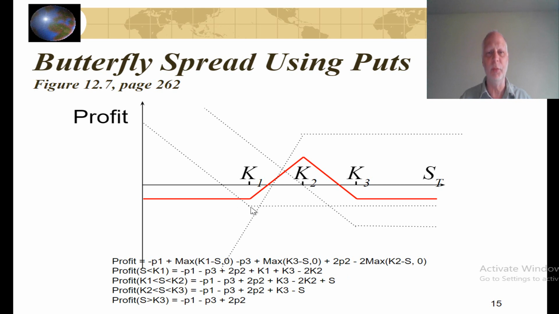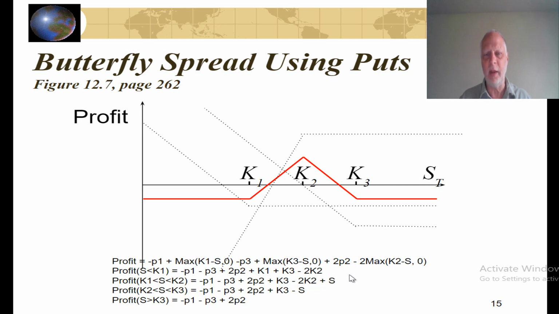Now how about the region between K1 and K2? Now 2 out of the 3 options expire in the money. The first option here expires out of the money, so this max gives us a 0. And from here, we will have a K3 minus S, so we get the K3, we've got a minus S. Here we get minus 2K2.